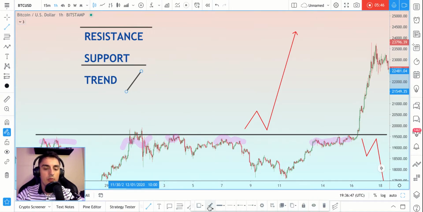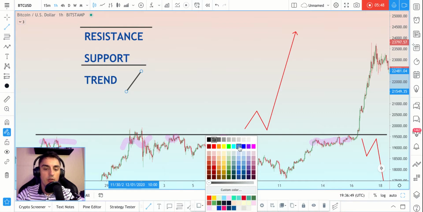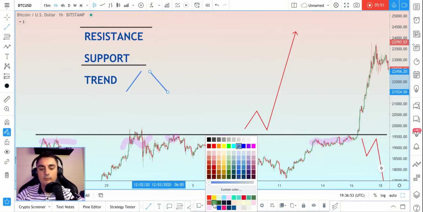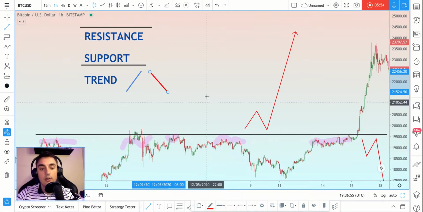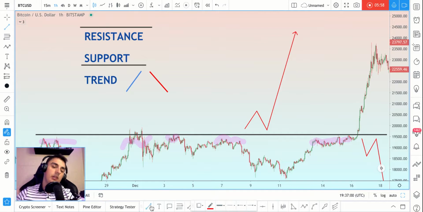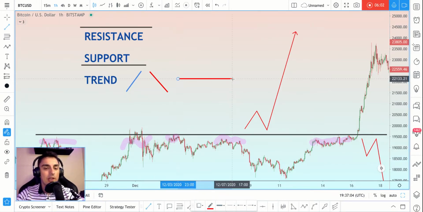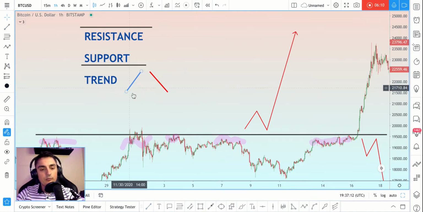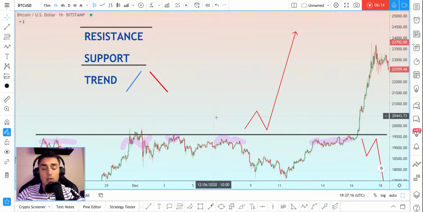There are bull trends, the uptrends, and there are downtrends, when the price is going down. Sometimes we have a flat trend, right? But in this case, we go back to support and resistance. So there are two types of trends: the uptrend or downtrend.